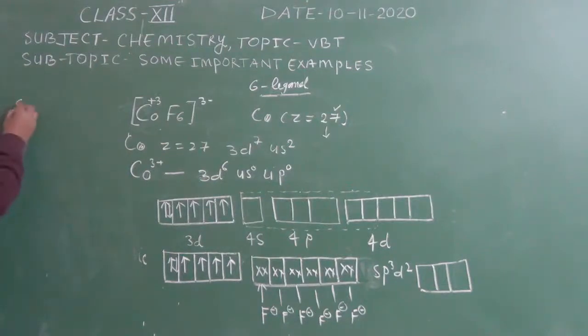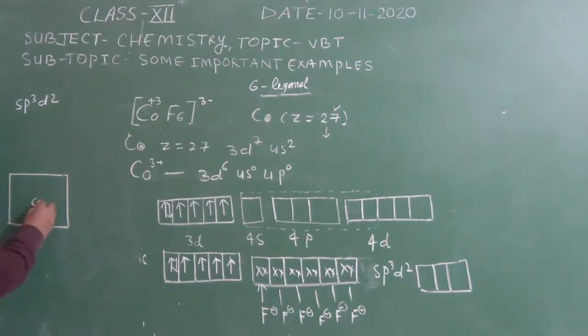Okay, so in sp3d2 the geometry is octahedral, or it is also known as square bipyramidal. The central atom is cobalt, and these are F minus, F minus, F minus, F minus, F minus, and F minus.